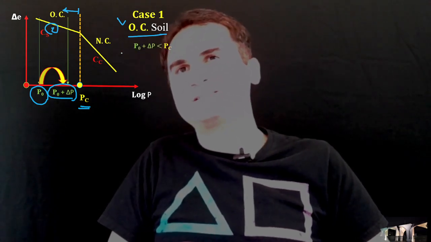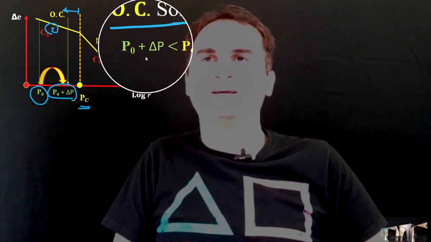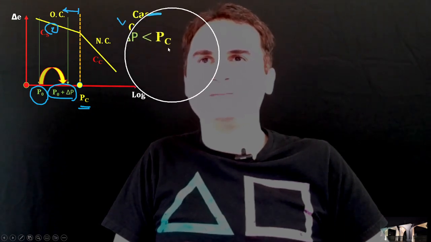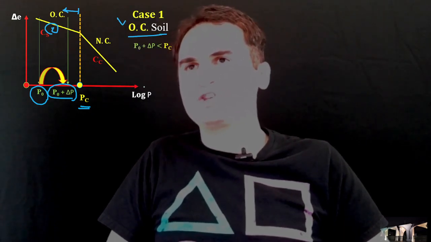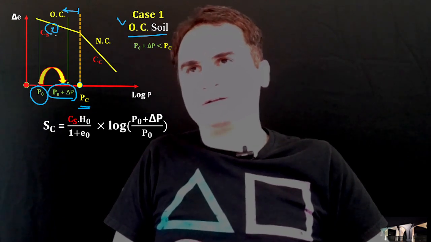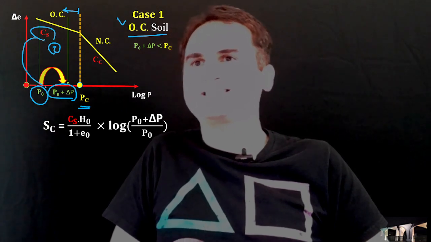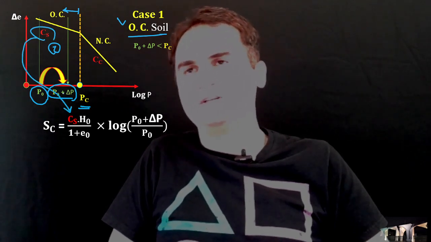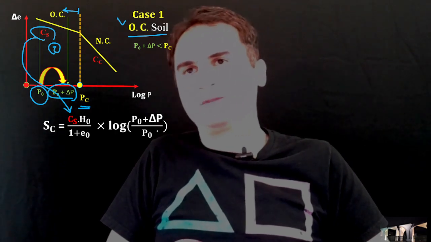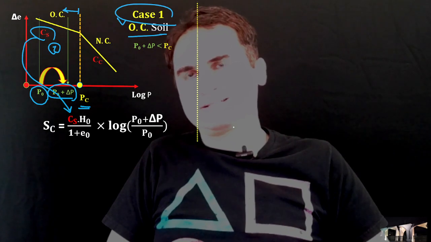So when P naught plus delta P, initial effective stress plus extra effective stress, is less than pre-consolidation pressure, you are in case one, and as we talked, you use CS, the swell index, for your equation. That's our case one, and it's an easy one.